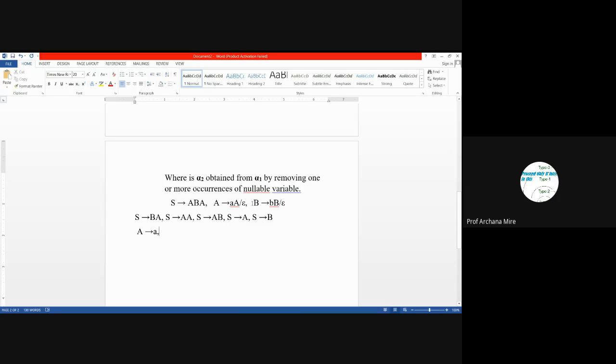Then the next production rule we will talk about is B leading to BB or epsilon. Once again, we know that the variable B is nullable, so we can remove this capital B and the remaining part, that is B leading to small b, we can insert as a new production rule.